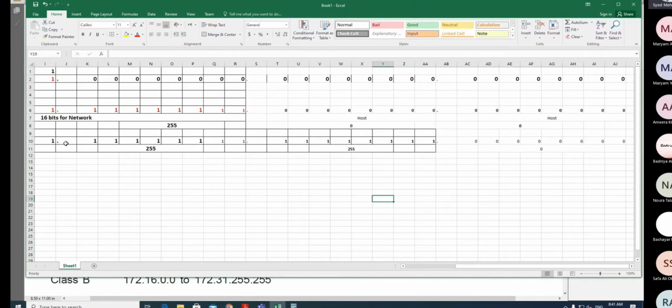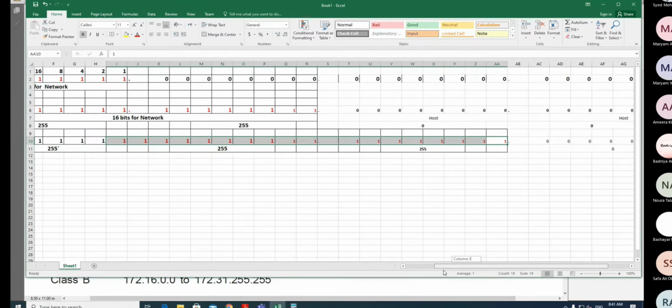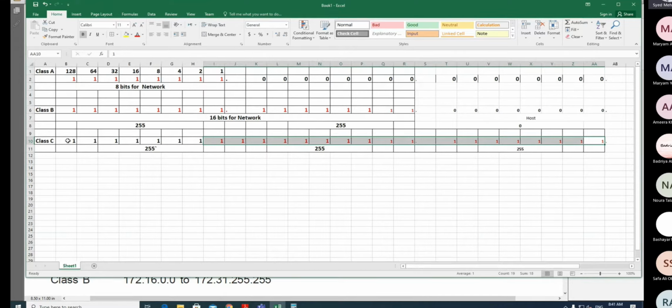Because the first 8 bits, this 8 bit, this 8 bit. Let me change the color, up till this point. This is for the network bits.